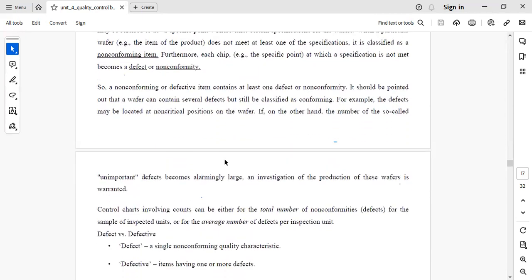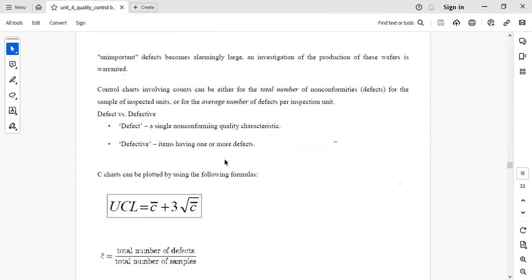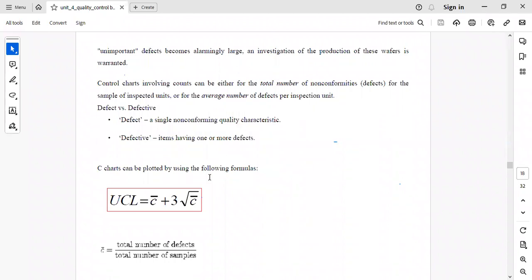And in this case, I just want to take you to where you have the formula. So we are talking about getting the control limits. This C bar here is the total number of defects that you can observe divided by the total number of samples that you have.